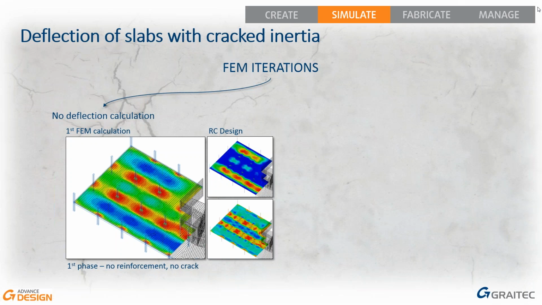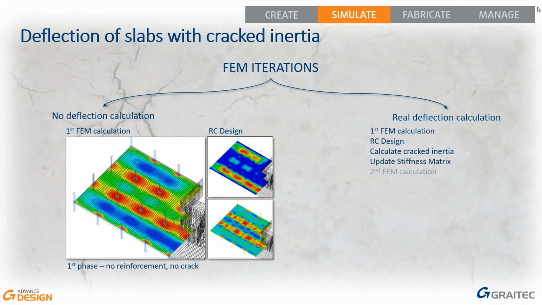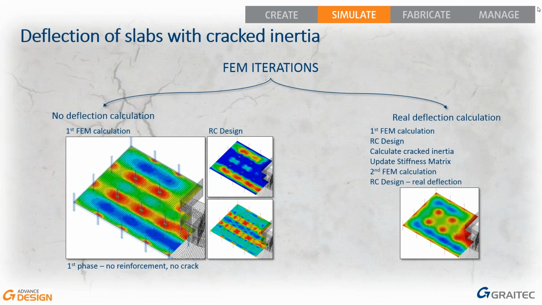So the slab for the whole calculation stays as no crack, and no reinforcement is considered in the stiffness of this slab. If you want to calculate the real deflection, you can actually do some FEM iterations, which would consist both of FEM calculation and the SE design.